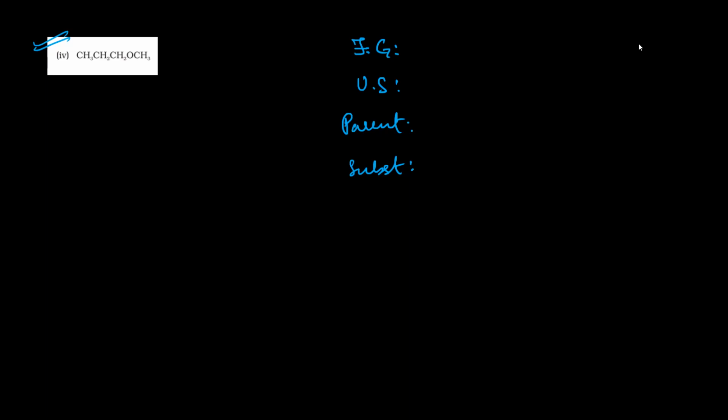So let us see here. How many of you are still doing? Hania, have you done it? Hania, Nawal, done? Yes, sir. Okay. Tell me, what is the functional group, Hania? None. None. Very good.